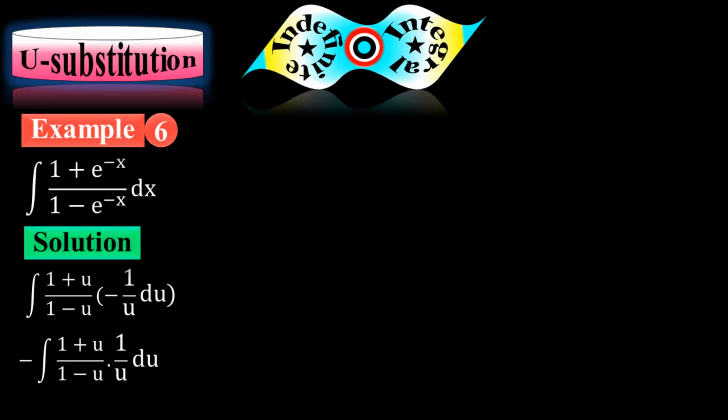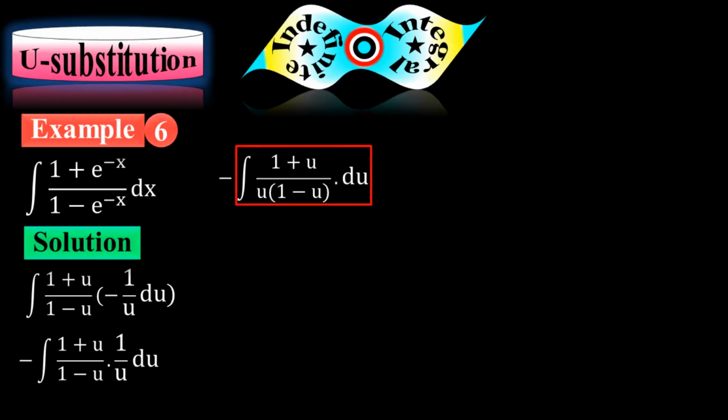Minus integral of (1 plus u) over (1 minus u) times 1 over u du. When you look here, it is not easy to simply integrate. We apply another method which is called partial fraction. So for the partial fraction, just make two terms.